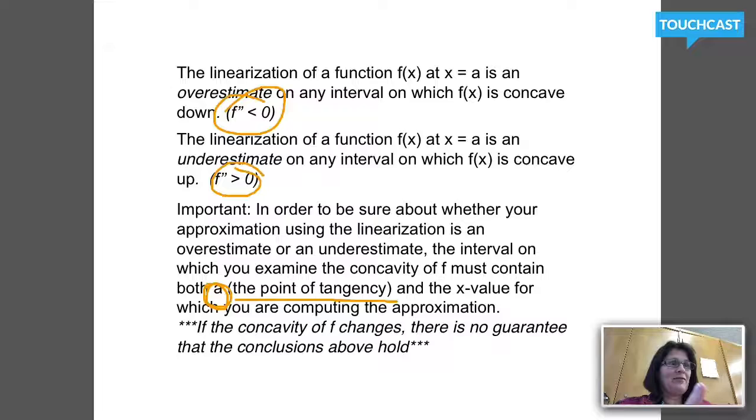And give a reason for your answer, right? So you're going to conclude that your tangent line produced an overestimate of f of x because f of x was concave down on that interval that includes both the a and the x value that you're caring about. We'll do an example now.